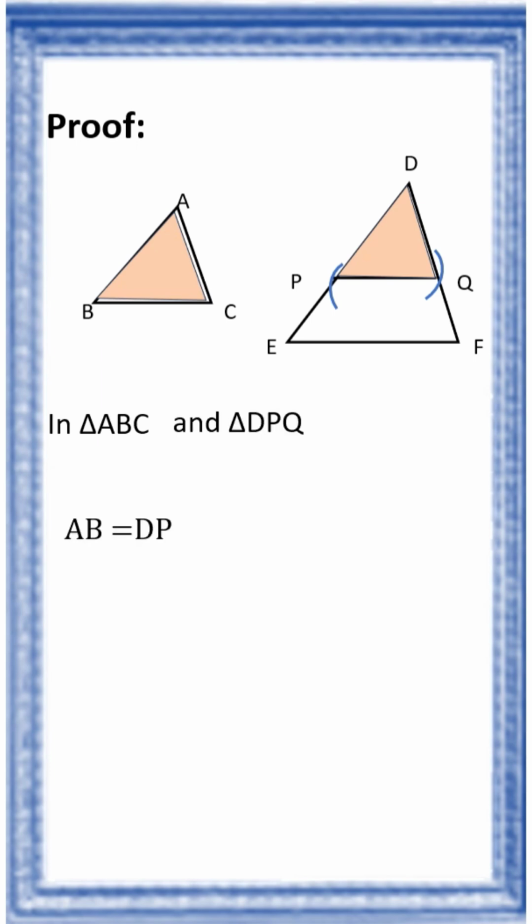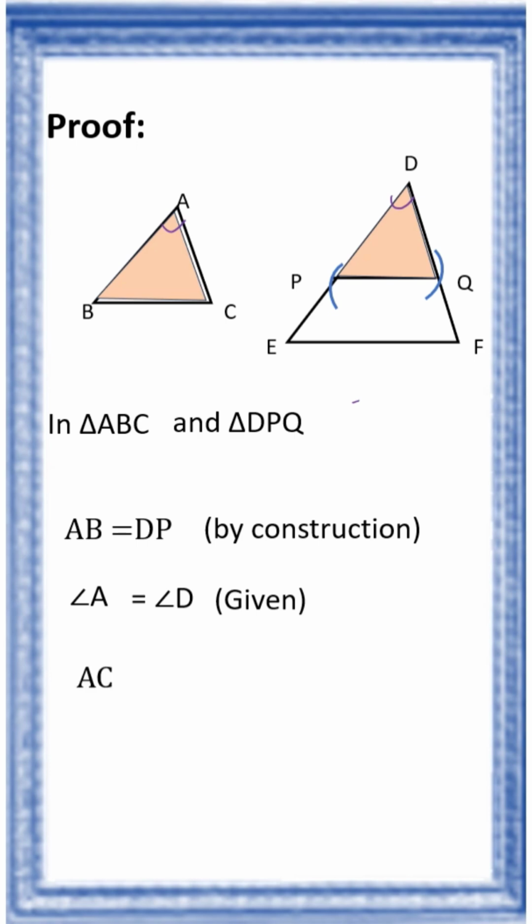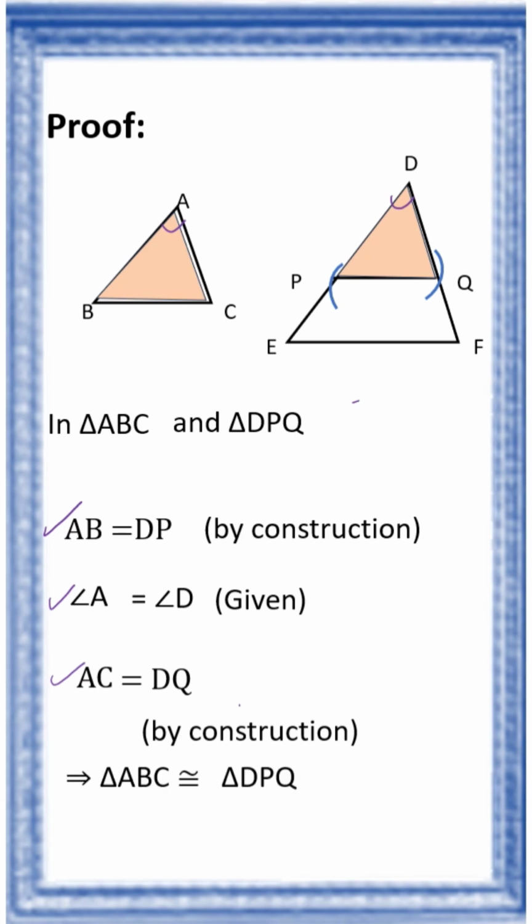Side AB is equal to side DP. Why? By construction. Angle A is equal to angle D. Why? It is given. AC is equal to DQ. Why? By construction. Now we can say that triangle ABC is congruent to triangle DPQ. Why? By SAS criterion of congruence.